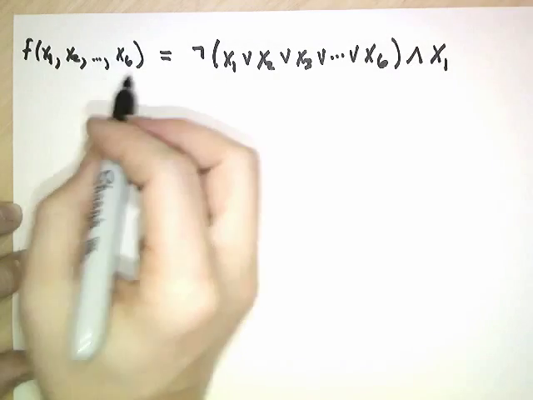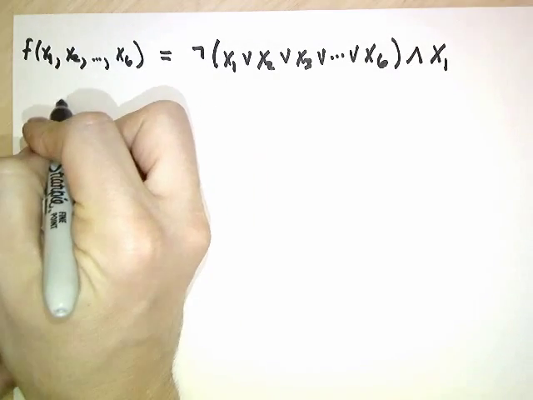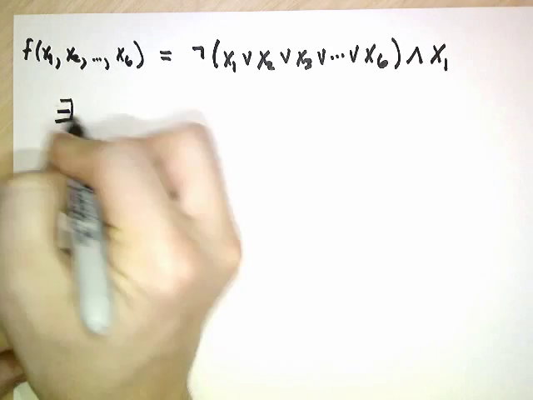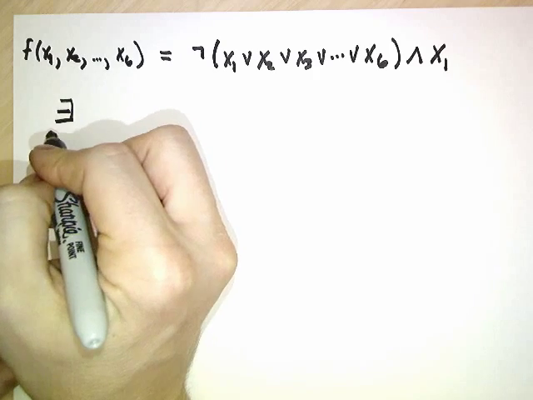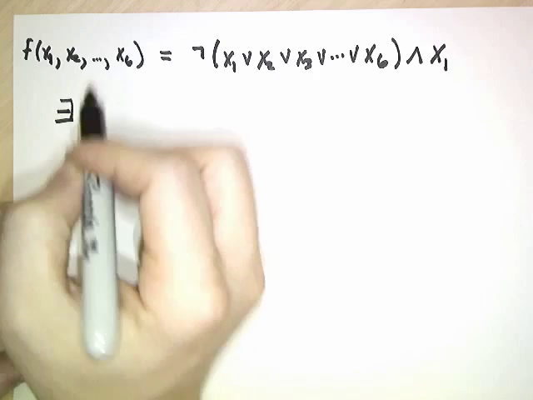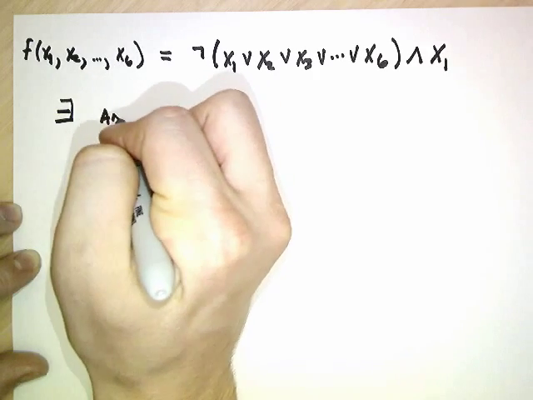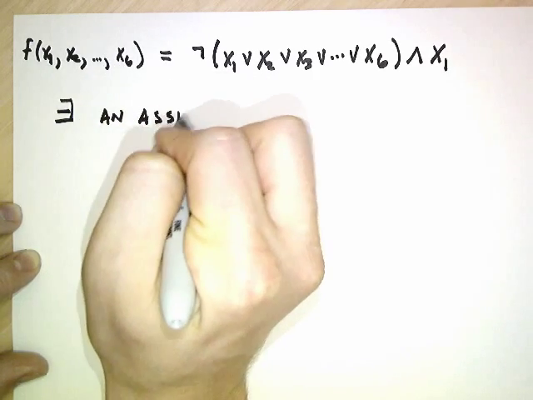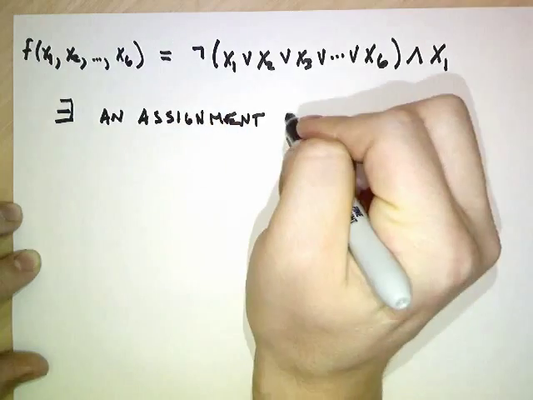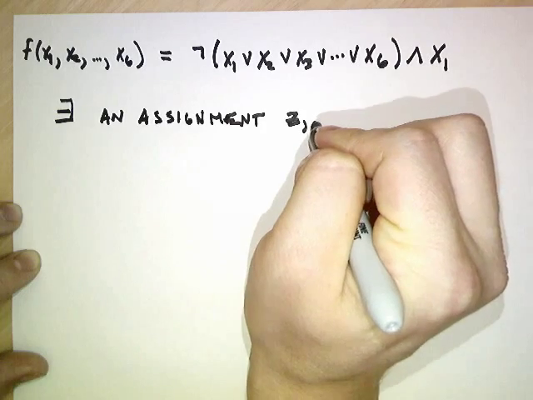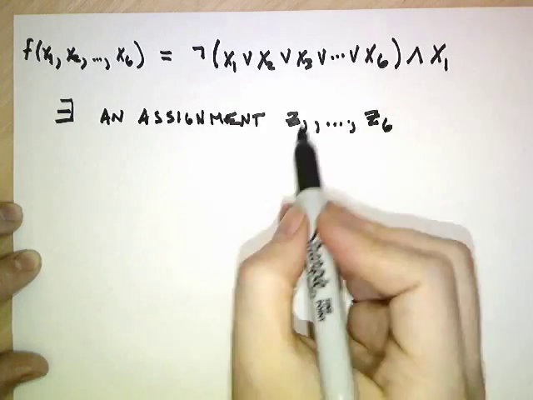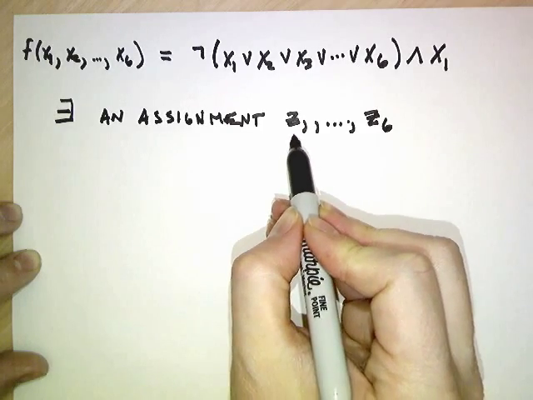Another way to write this more mathematically would be, does there exist, this backwards e really means exists. Whenever you see it, you say there exists. So does there exist an assignment z1 through z6, so these are all values either true or false.